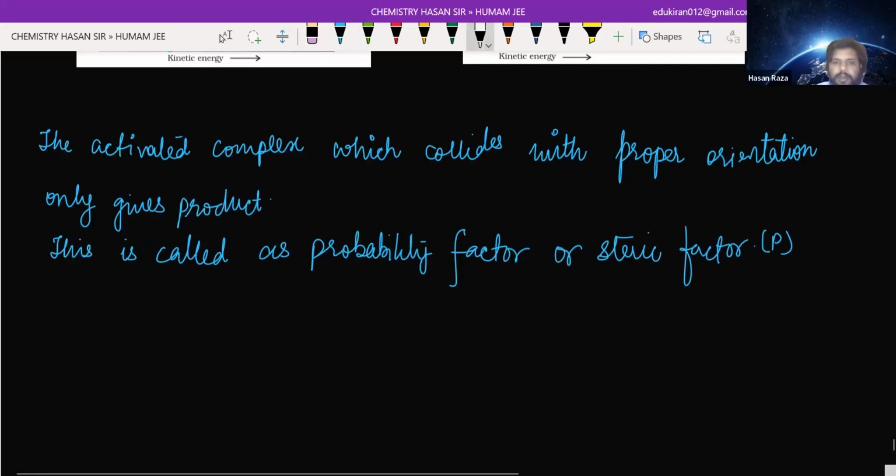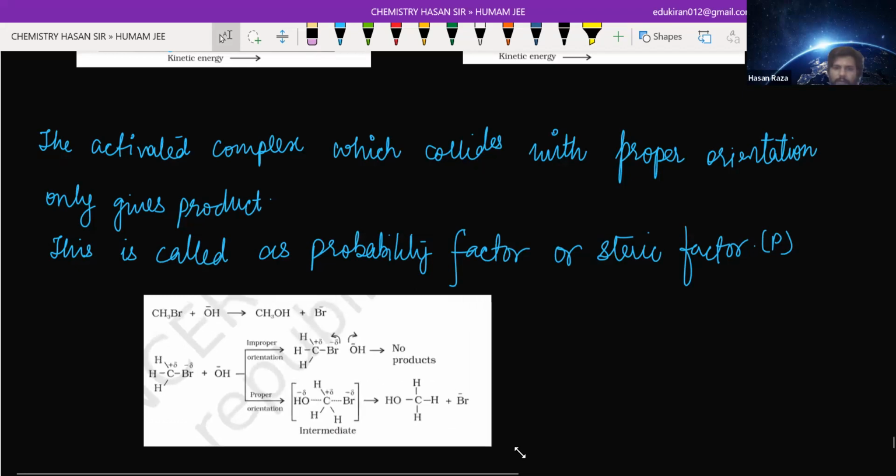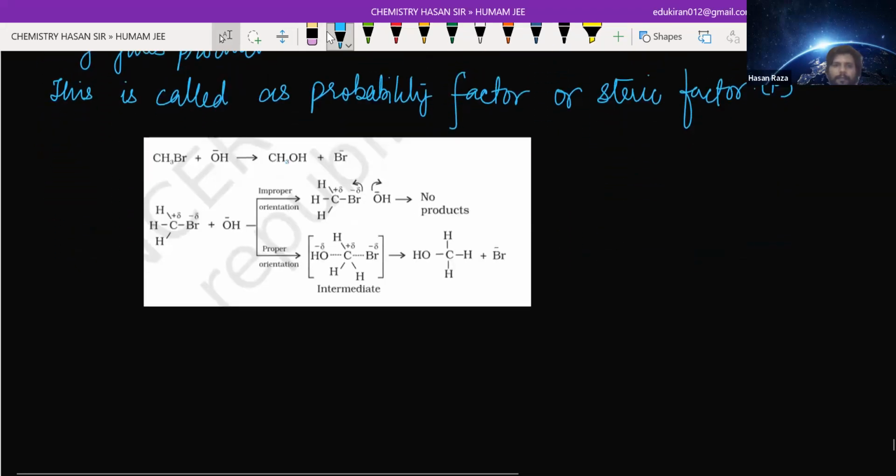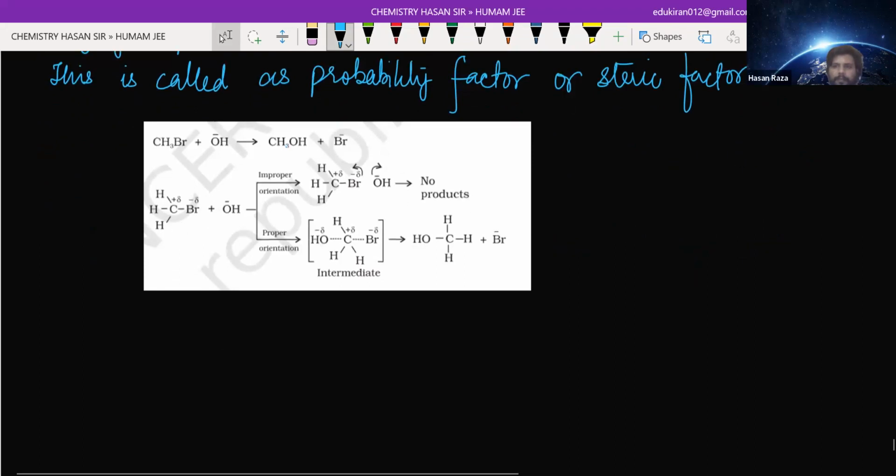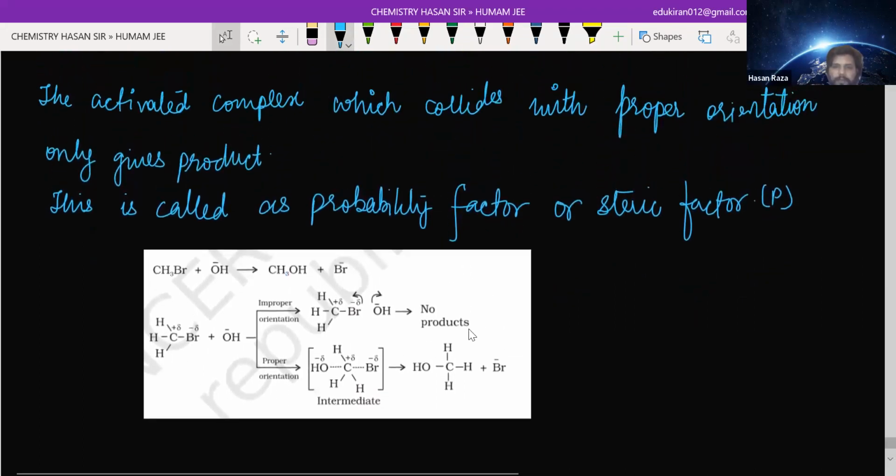We can take a very good example for this, and that is, just wait a minute. Write it, let me know. Not this, first you are going to write only this.